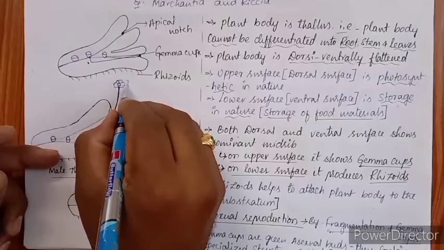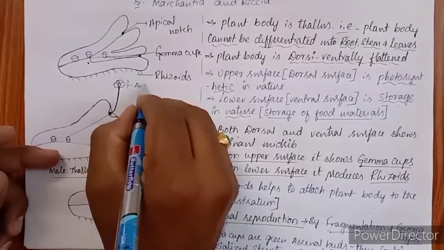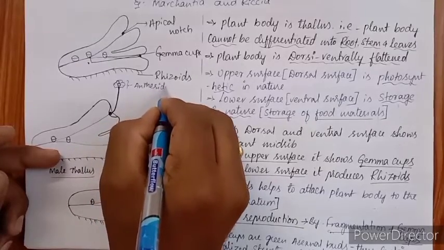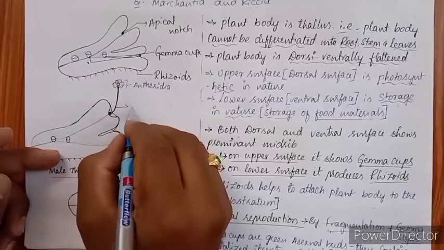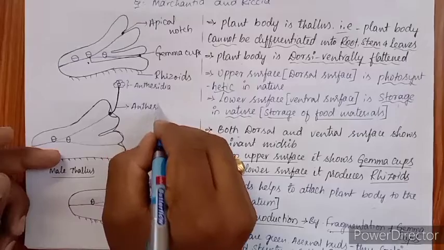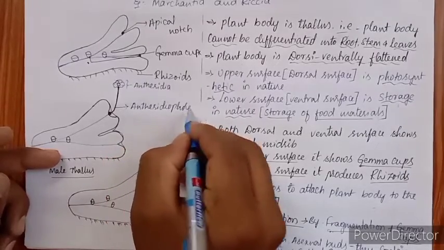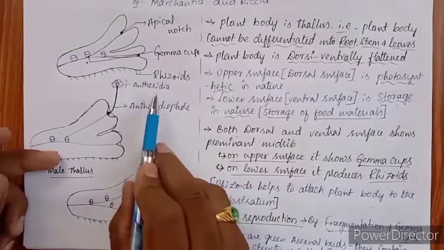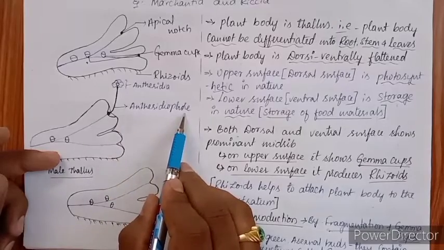This is the structure called antheridia, and this is called antheridiophore. Why is it called antheridiophore? Pore means stalk to the antheridia, so the name antheridiophore.